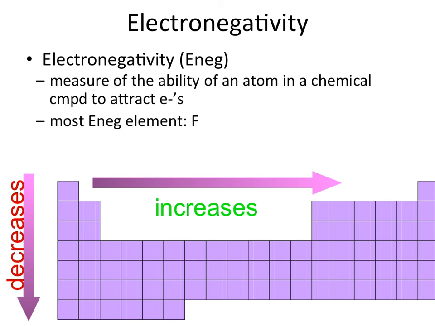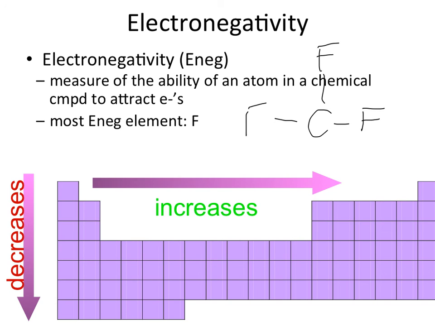Electronegativity measures the ability of an atom in a chemical compound, something that's bonded, to attract electrons. There's no transfer, there's no energy released. We're talking about the sharing of electrons inside molecules.